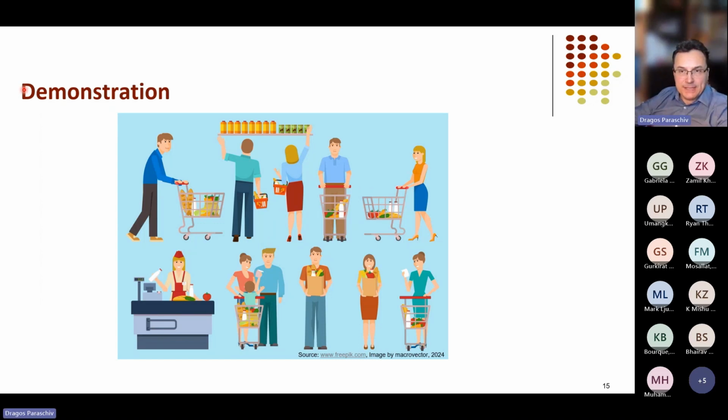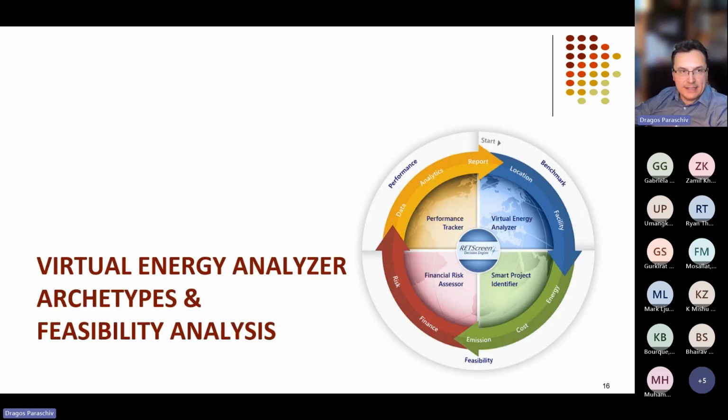The next feature that we'll cover is the virtual energy analyzer, which includes a number of archetypes. And with these archetypes, we are going to review the feasibility analysis. And on the chart here, which you'll see on the welcome screen of RETScreen, this represents the bottom half of the process.